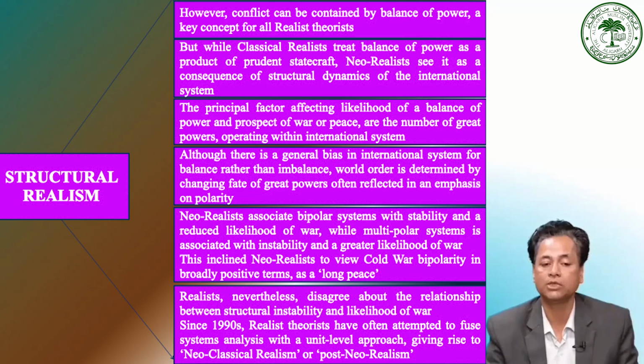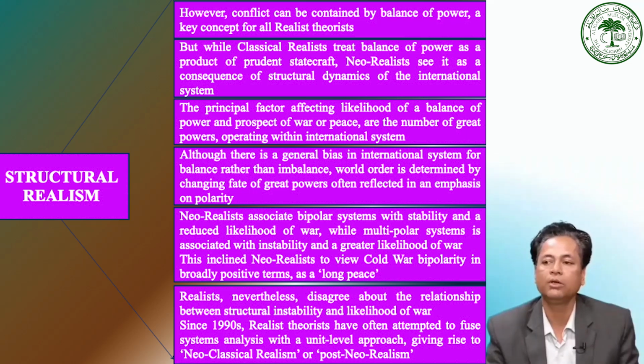Neo-realists have generally associated bipolar system with stability and reduced likelihood of war, while multipolar system is associated with instability and a greater likelihood of war. So, basically for the neo-realist, bipolar system is more stable because there are two clear-cut superpowers and there is relative stability in the international system.